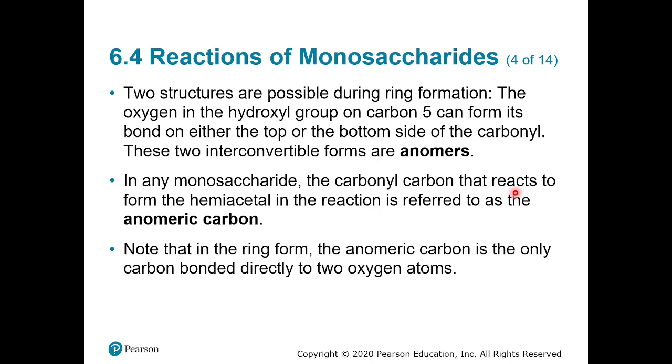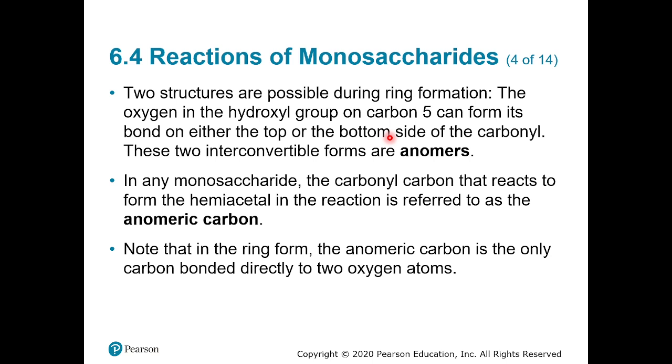So in many monosaccharides, the carbonyl carbon that reacts to form the hemiacetal in the reaction is actually referred to as the anomeric carbon because it can form different forms. Anomers specifically, right? Anomeric carbon forms different anomers when it does your ring reaction. Okay?